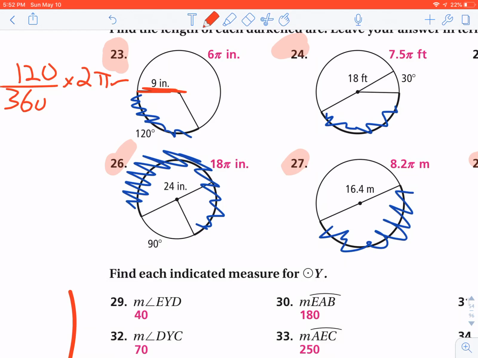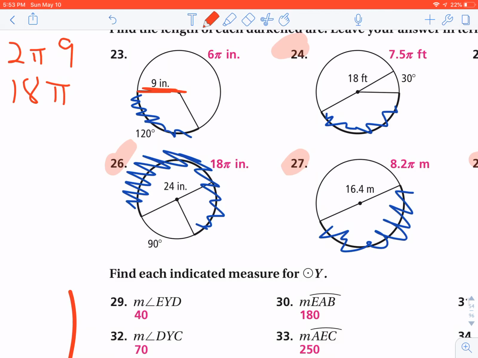Let's hold off on the 120 over 360 and focus on finding the circumference first. 2 times pi times the radius of 9 would be 18 pi. That's the circumference. I want 120 out of 360 times my 18 pi.